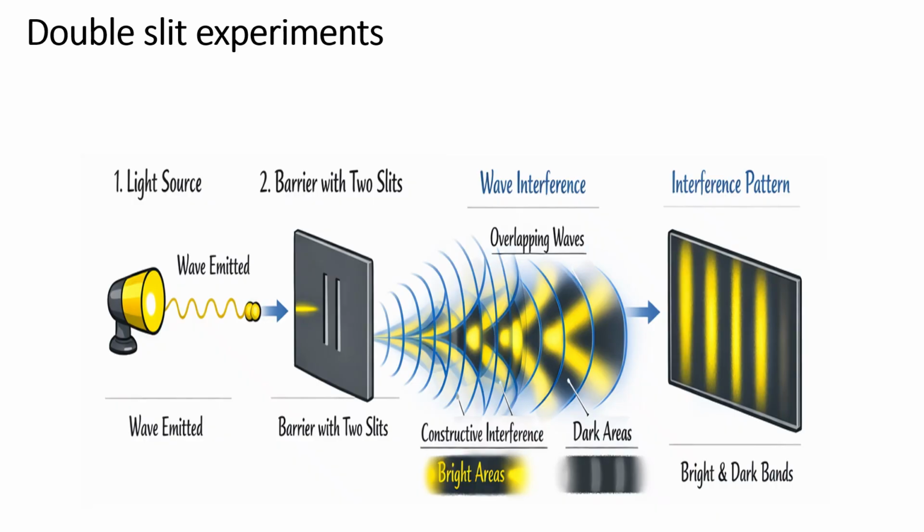These are schematic arrangements of Young's double slit experiment, for more clarity and for presenting the concept in different ways. The light source is coherent and monochromatic light. Coherent means their frequency and wavelength are the same, and the phase is also constant.